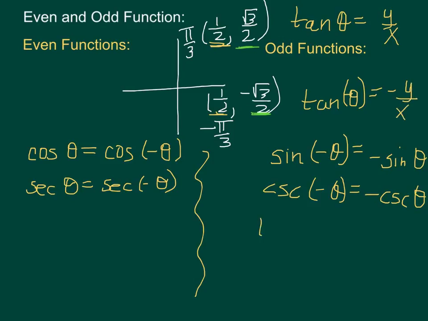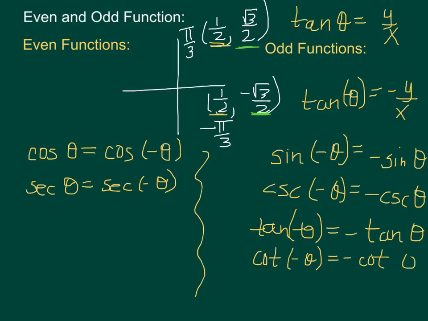So tangent is also an odd function. So tangent of negative theta is equal to negative tangent of theta. Same for cotangent. Cotangent is going to change too. So we have two even functions, two odd functions.